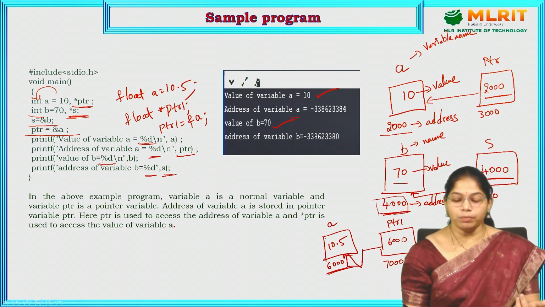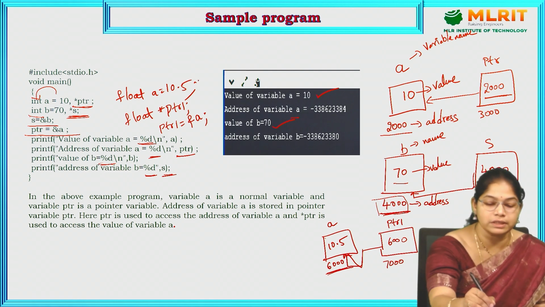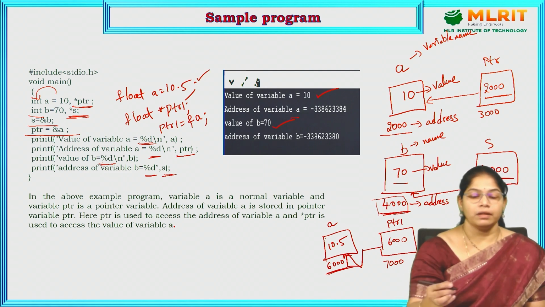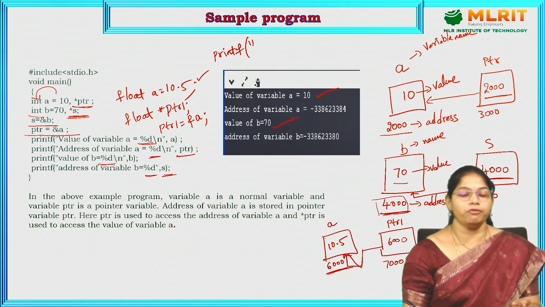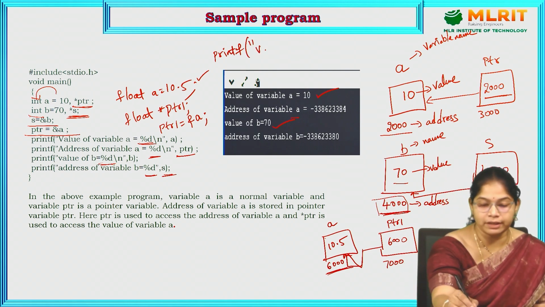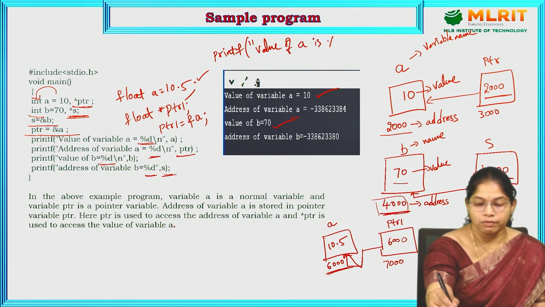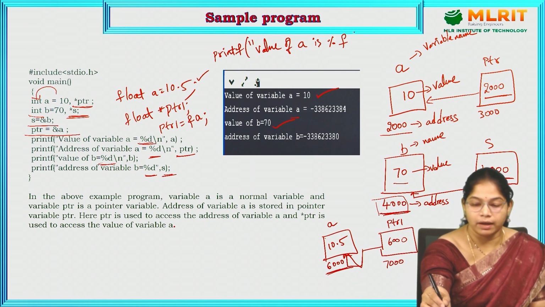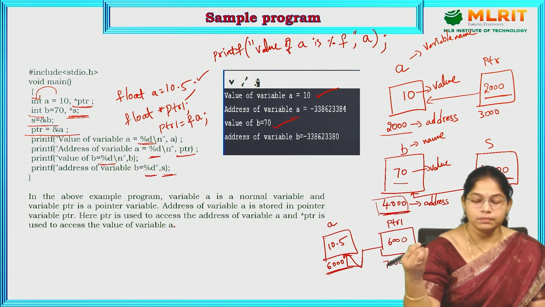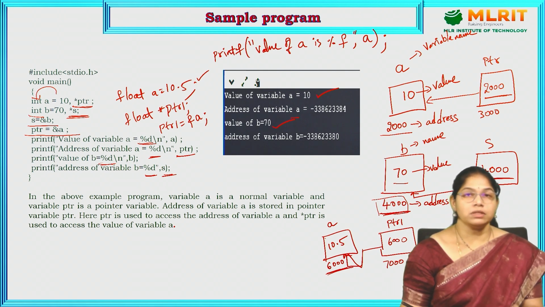If I want to print the value of this 10.5, then we have to use the function printf. But this value is of type float, so the format specifier we have to use is %f, comma A, because A is of type float.